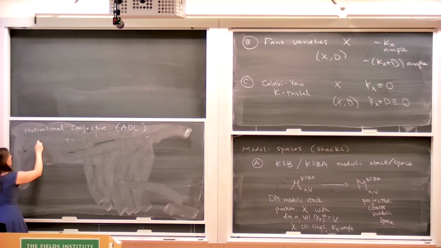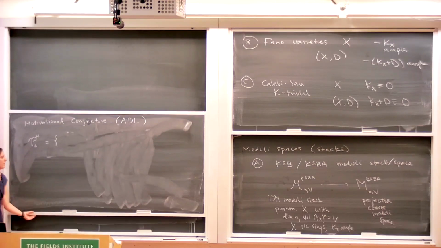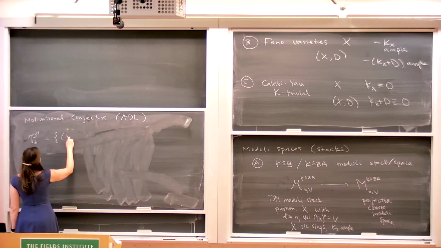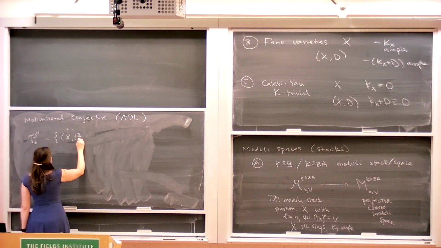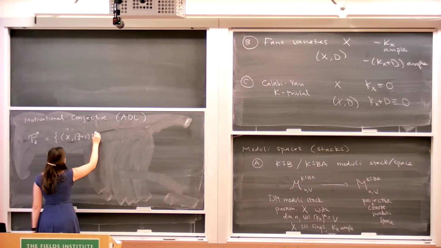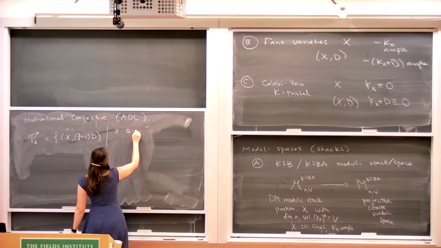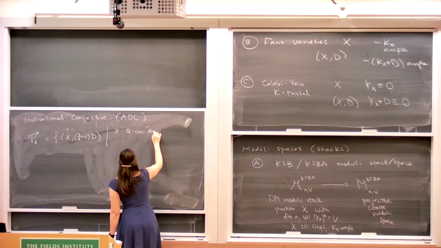I need to introduce some notation before I can say that. We're looking at stacks. We'll introduce three stacks. So we have a curly P, with H, D. I'm going to do something a little bit sloppy, hopefully this will make sense, but please ask questions. I'm going to write a stack in terms of a set of the objects it parameterizes instead of talking about families. So this will be pairs (X, (3/d + ε)D), such that X is a Q-Gorenstein degeneration of P^2.